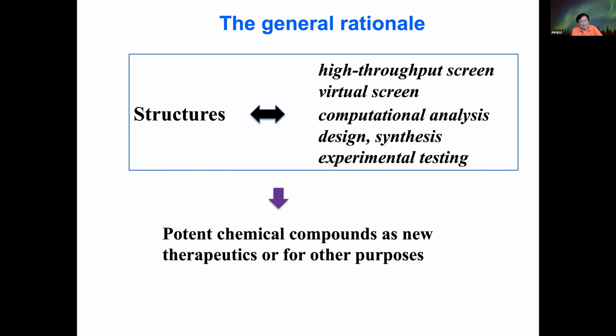The general idea is, for X-ray crystals, this has been done for a long time. We can integrate cryo-EM structures at near atomic or atomic resolution into the pipeline, so that we can use the structure to optimize chemical compounds for biological complexes.